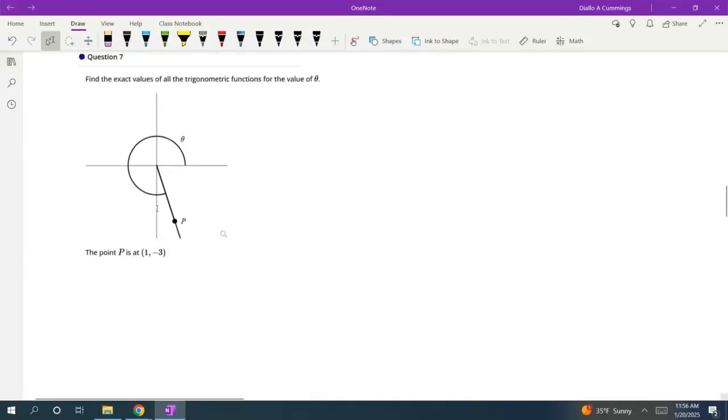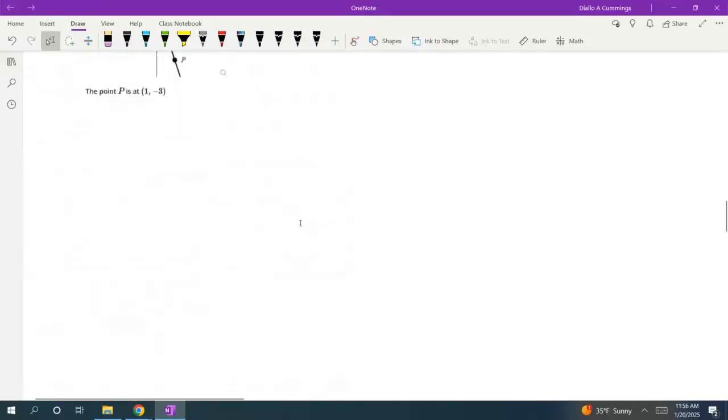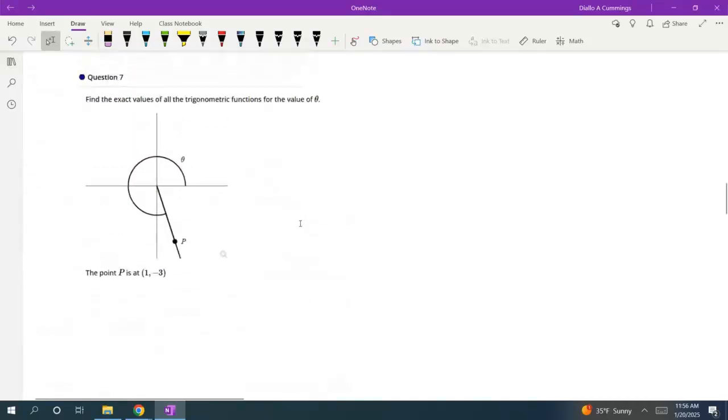So let's take a look at this problem. All right, here we're given an angle that's in the 4th quadrant. We're given that point P has the coordinates 1, -3.